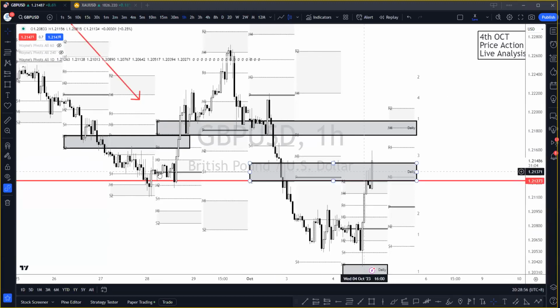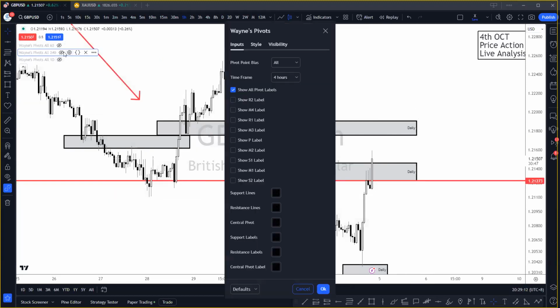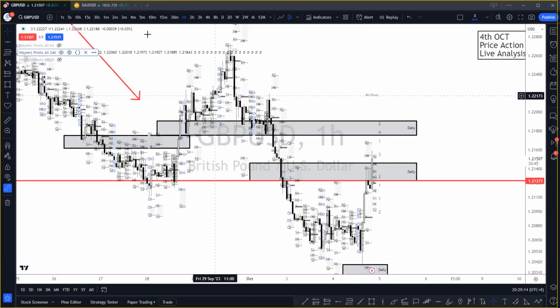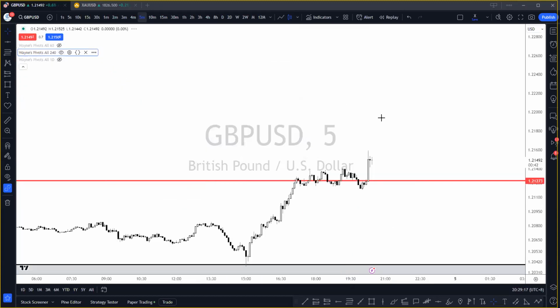We'll do our first sell on this breaker block, and the second sell on this support and resistance. There might be a need for a third sell if price breaks above this level, which will be the M4 for tomorrow. Just to reinforce this, we're going to look at the 1 hour. I'm just going to go down to the 5 minutes time frame.